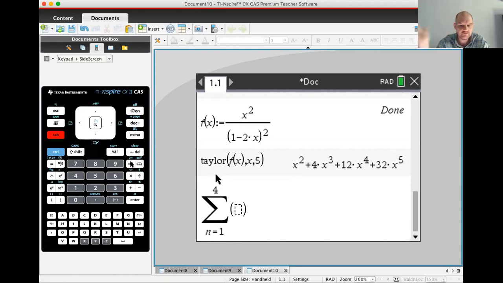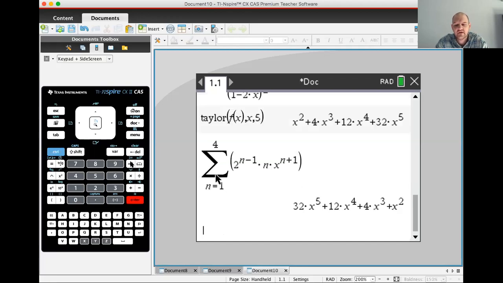No, nope. I don't know what I'm doing. I'm just going to go for it. 2 to the n minus 1 times n times x to the n plus 1. That takes me from x squared up to x to the 5th. Ugh. 4, 12, 32.